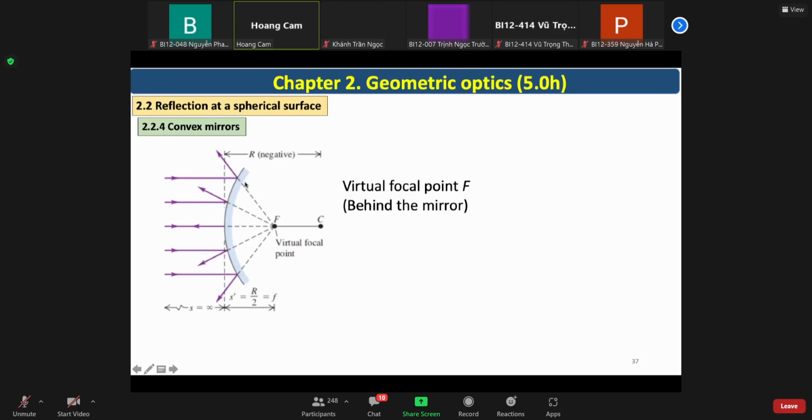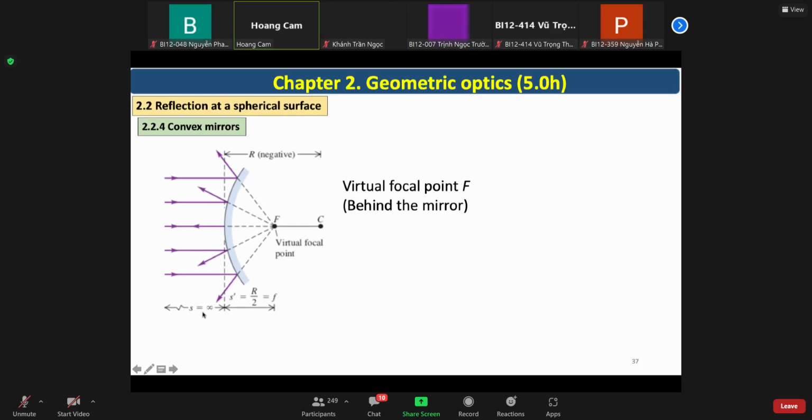So we draw the extension line, and then you see they meet at the point F here. It is called the virtual focal point, yes, because it is the virtual point, which is behind the mirror we have here.